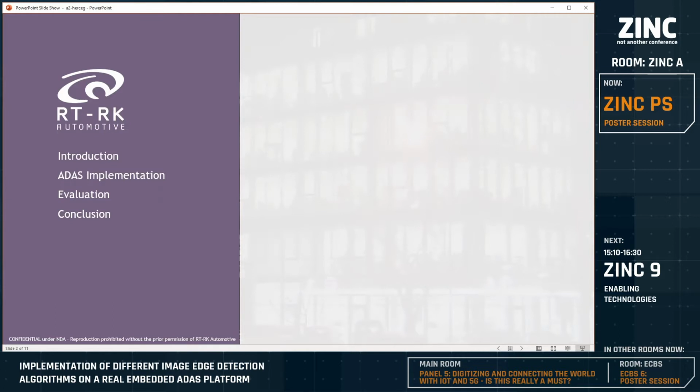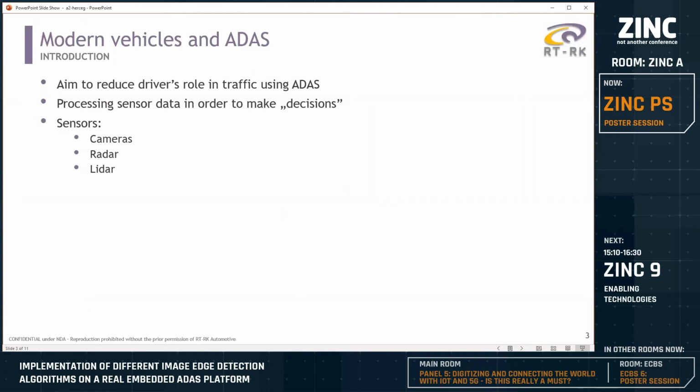real-time systems. So as research has shown that driver error is the main cause of traffic accidents, the aim of the automotive industry is to reduce the driver's role in traffic by implementing ADAS, or advanced driver assistance systems, in modern automobiles.